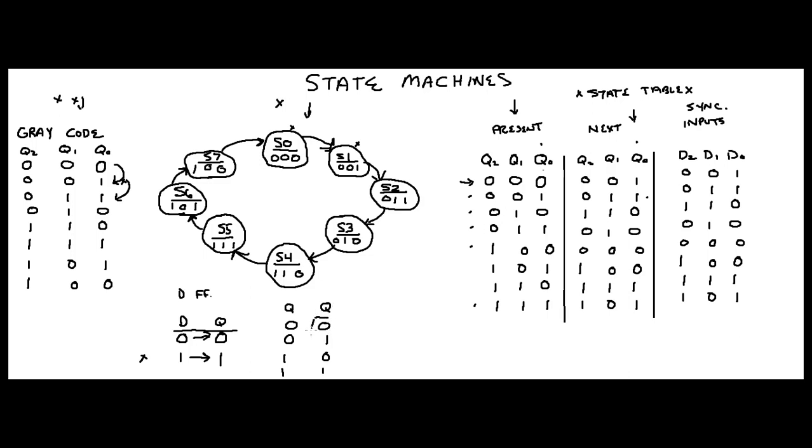Your D has to be whatever your final Q value is, right? Because when you clock it, as we said here, your Q value is going to take on whatever D is, because Q follows D.